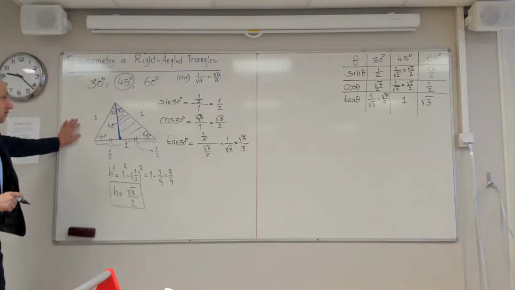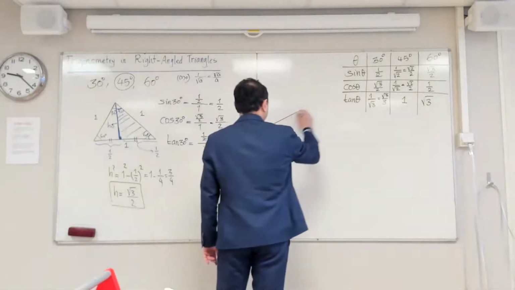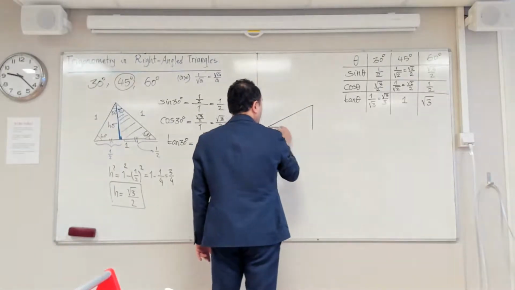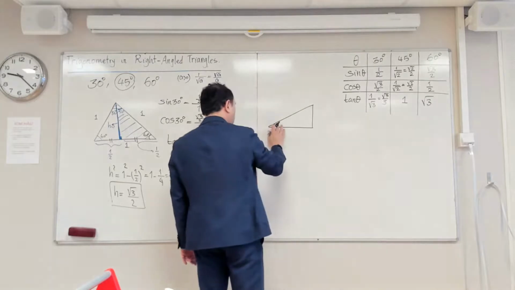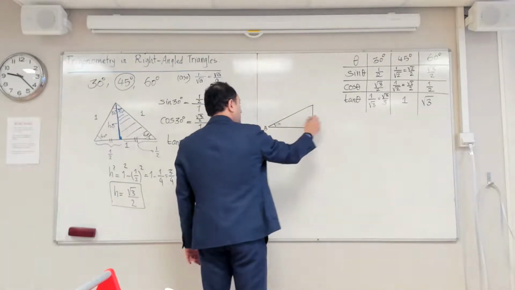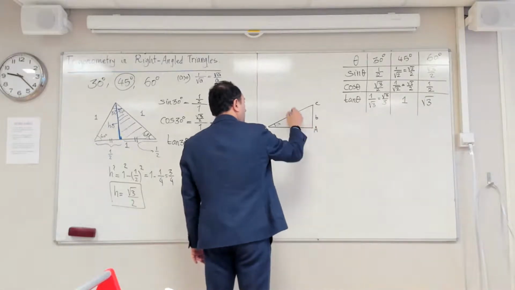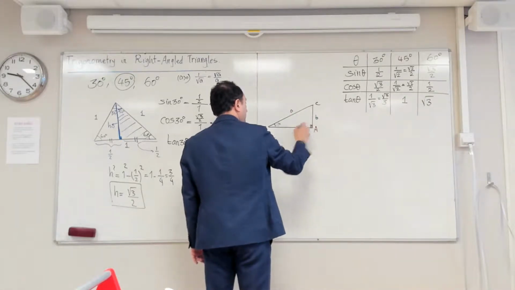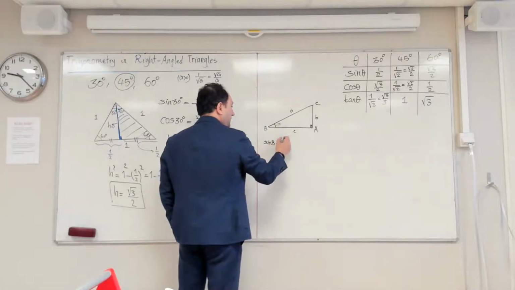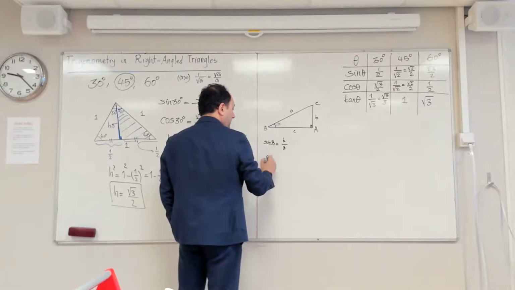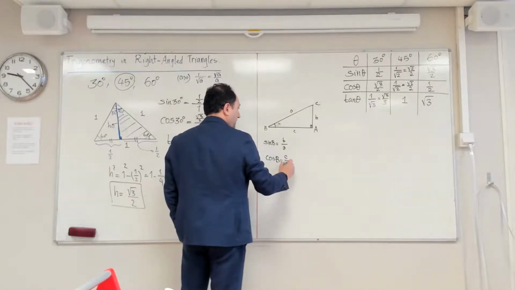One thing that we can also confirm here, if I draw a right angle triangle, of course we will talk about this in more detail later. If this angle is B, this side is B, this side is C, this side is A. Do you remember, if I ask you what is sine of B, you would say it is B over A. If I ask you what is cosine of B, you would say it is C over A. Yes?